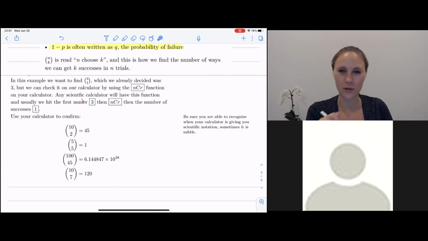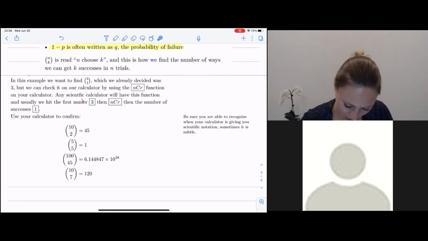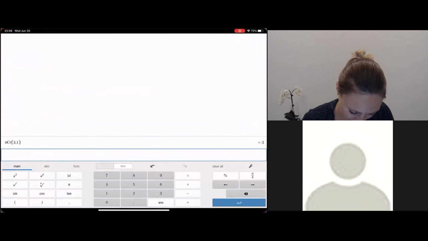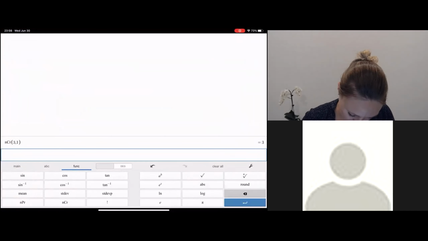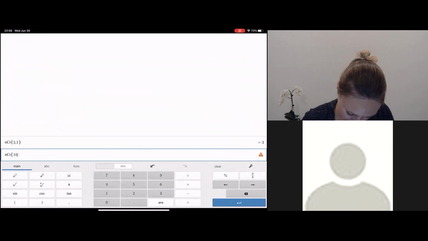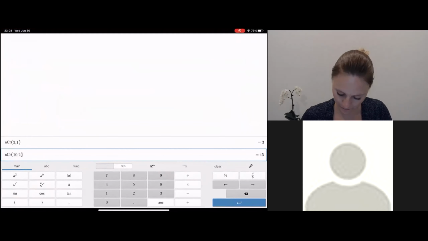You're going to end up with 45 different paths, and it's a no for me. I'd rather use the choose function. So I'm going to show you on the Desmos calculator here, but I want the nCr of 10, 2 end bracket, and I get 45, so that's good.